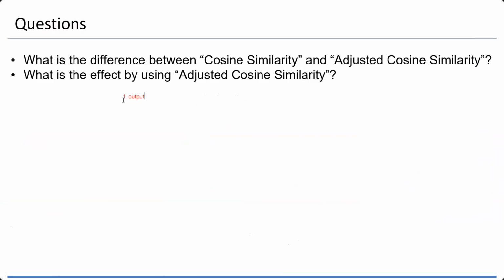The output range for cosine will be from 0 until 1. What about the adjusted? From -1 to 1. Okay, that's good. So when we use the adjusted cosine similarity, it is possible to have negative values. So what is the effect of using adjusted cosine similarity?